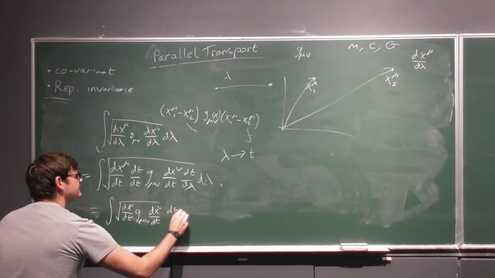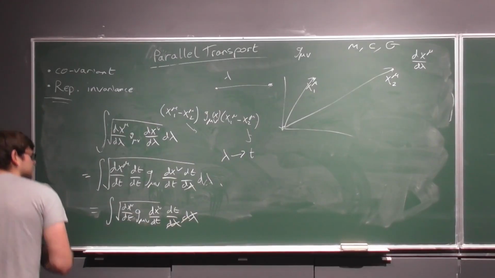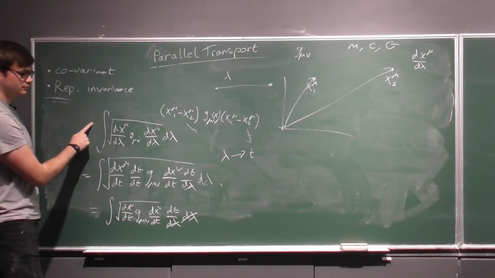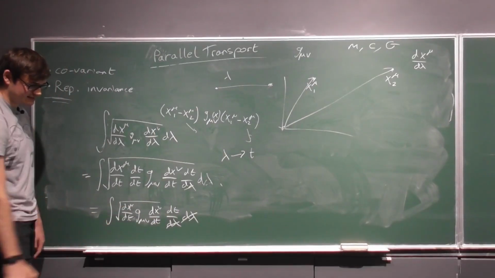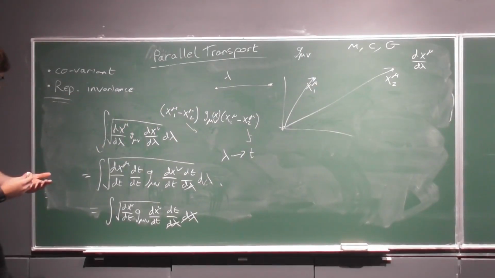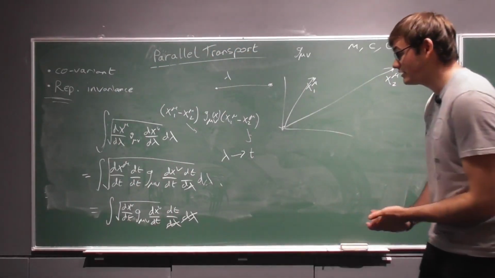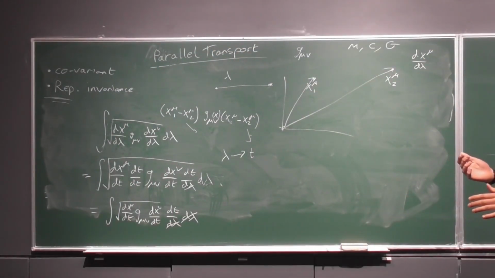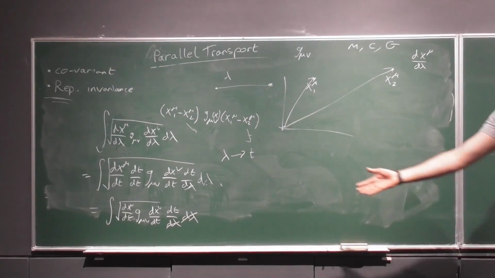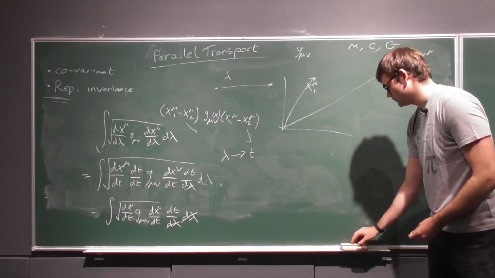And now we just have dt, d lambda when it's pulled out, and it's d lambda. Chain rule, cancel those. And now I just have the exact same action, but parameterized by t instead of lambda. So this is reparameterization invariant. Very, very nice. And you can convince yourself that there's no other combination of all these quantities that gives us exactly this, which is pretty cool.